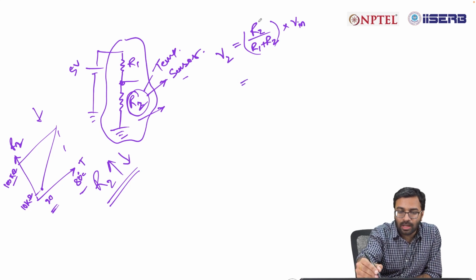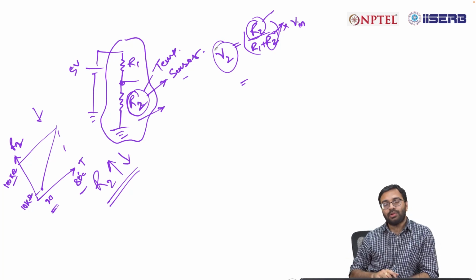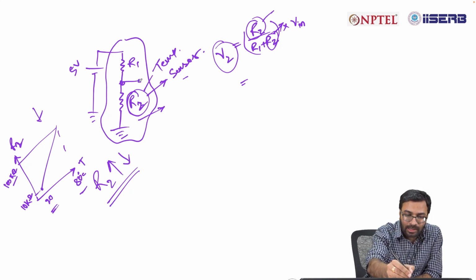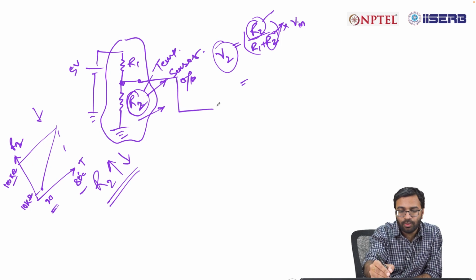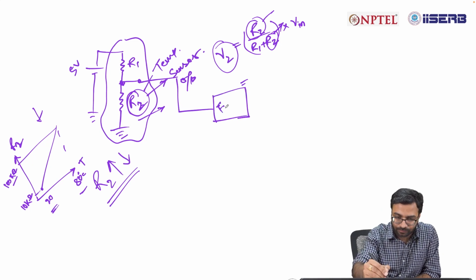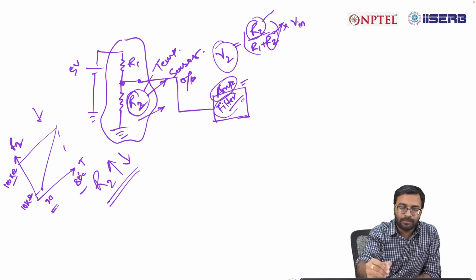In this case, if your R2 changes, then the value of V2 also will change, and then you can get that output in this terminal. Now you can connect this output to the next stage of your circuit, say a filter if needed, or an amplifier, whatever it is.